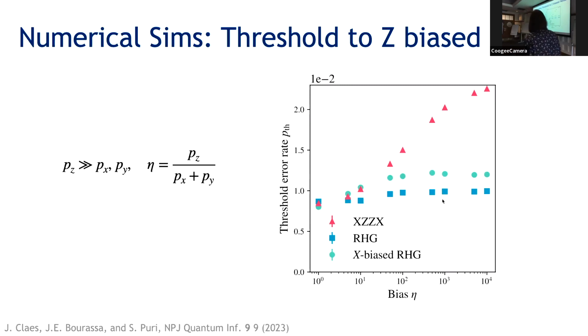It turns out that the RHG cluster state is slightly more robust to X bias noise, and we also compared that. And again, we see with these green dots, there's slight improvement in the threshold with bias, but not as much as the improvement with the XZX cluster state.